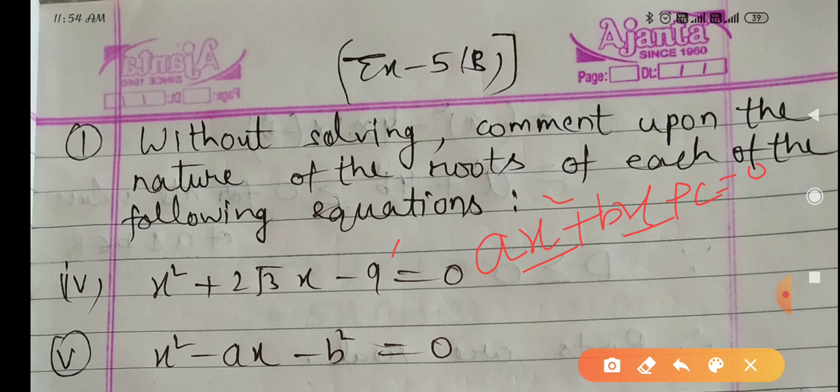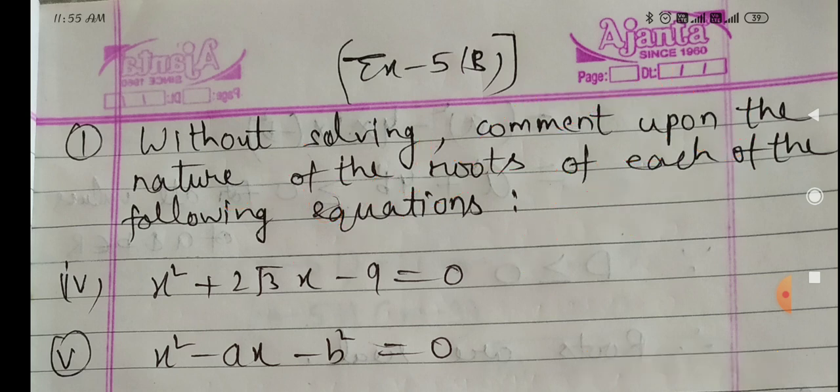Now you have to tell what will be the nature of these values. Nature means these values of x will be real or not real. If they are real, then these values will be equal or unequal. If values are real, then they may be equal and they may be unequal. You have to keep this in mind. Or the second case will be there, values are not real. So in this way, you are having three cases.